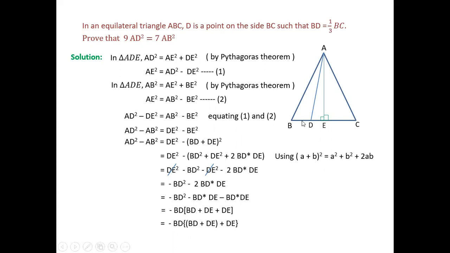BD plus DE is BE, so it becomes minus BD times (BE plus DE).